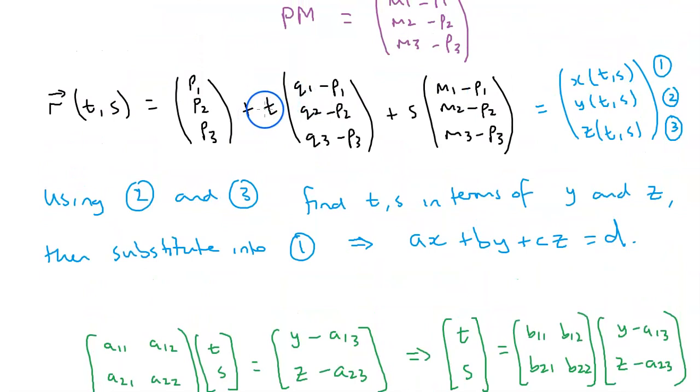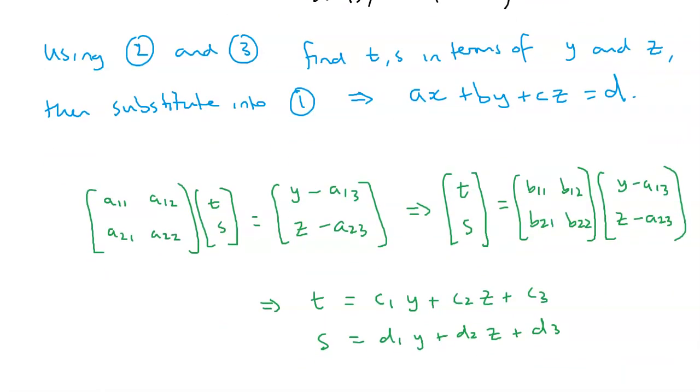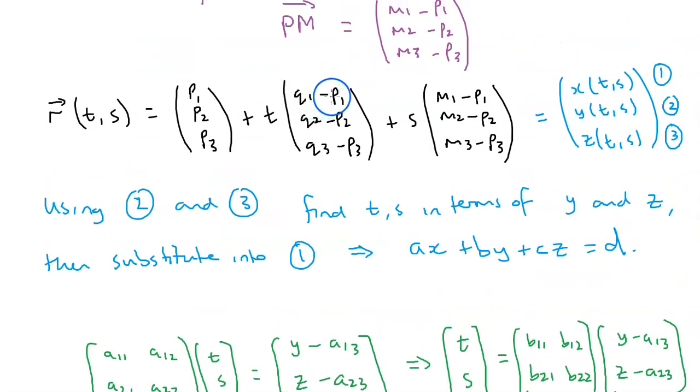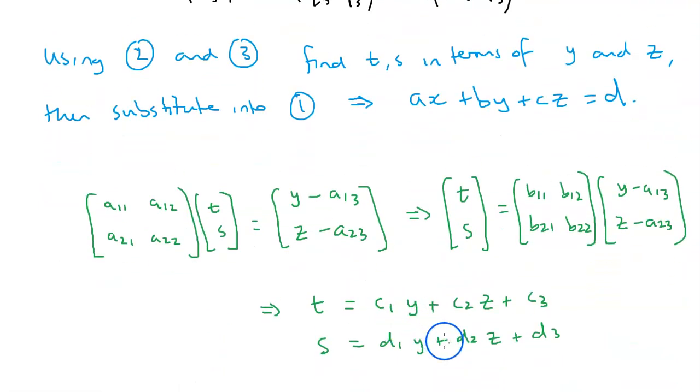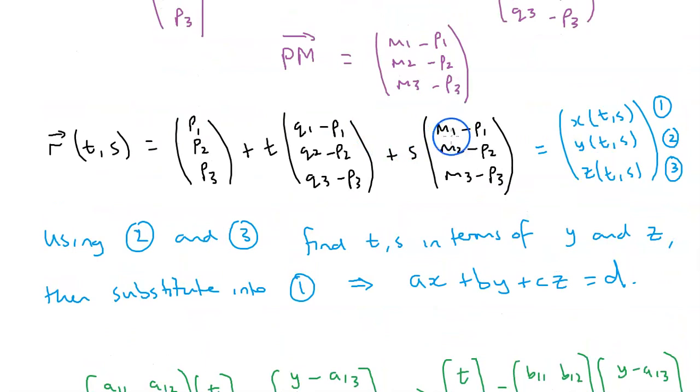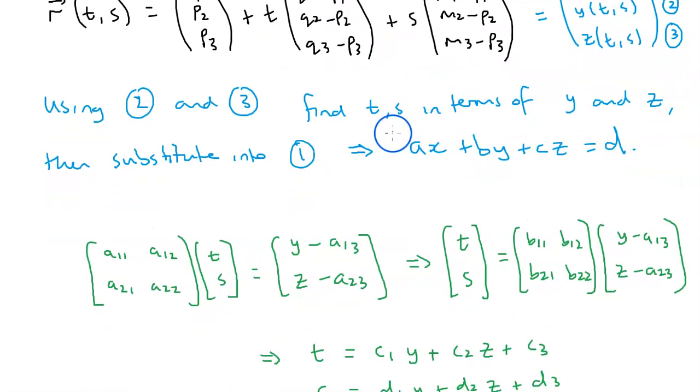And so when we substitute them into equation 1, we have P1 times some linear value of Y and Z times Q1 minus P1 plus some linear value of Y and Z again times M1 minus P1, and that's just equal to X. So of course that's going to simplify down to this equation here.